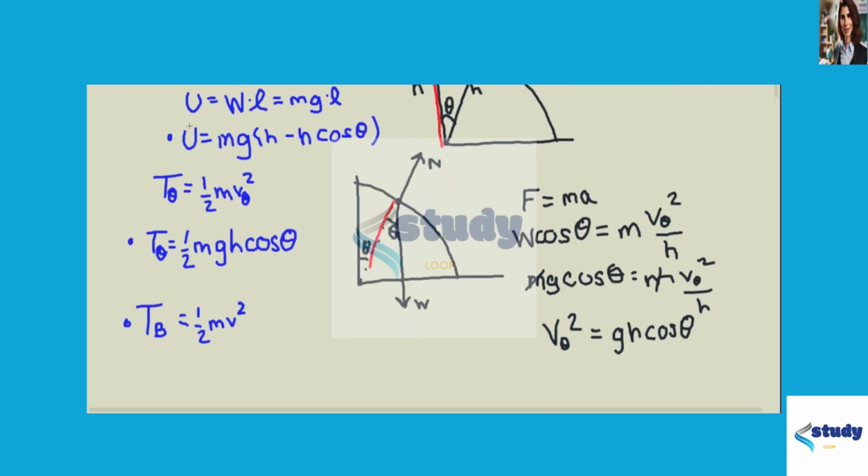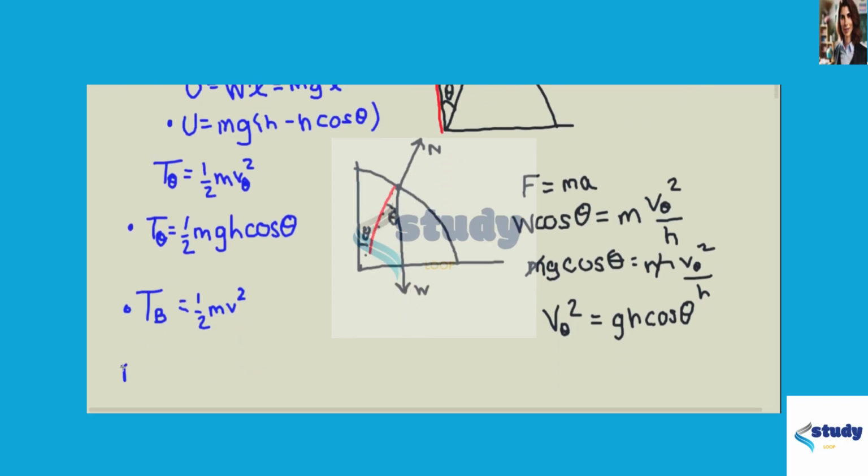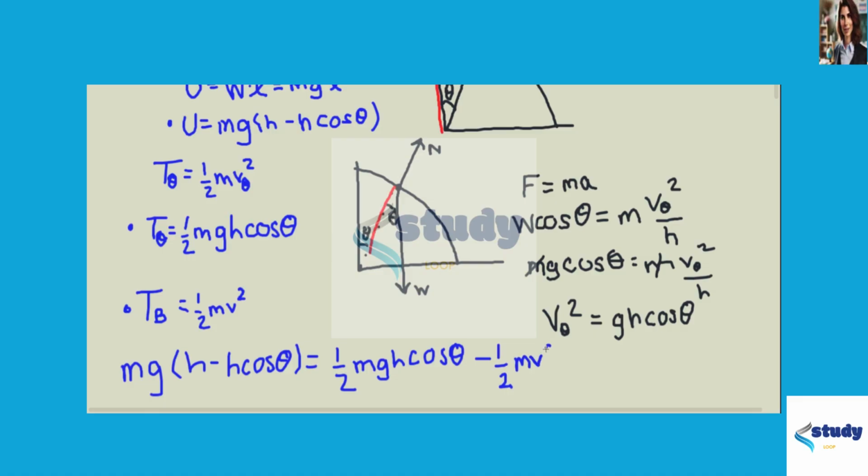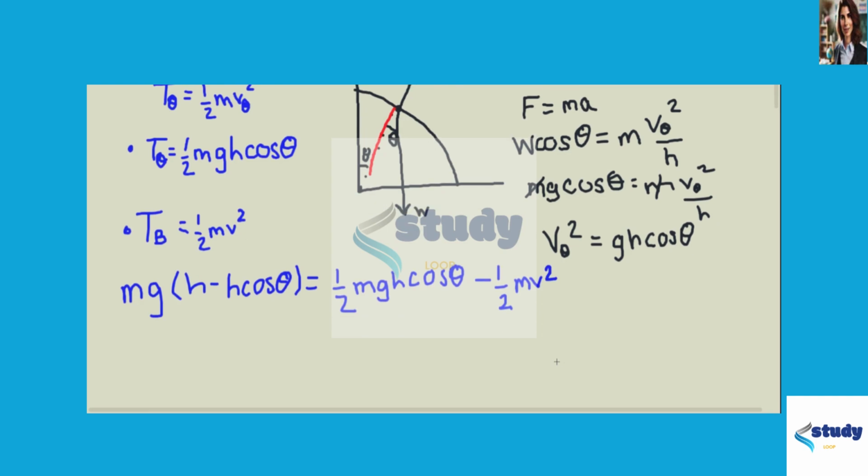So we have mg, this is our work, h minus h cosine theta is equal to our kinetic energy at theta, which is 1/2 mg h cosine theta, minus our kinetic energy at point B, 1/2 mv squared. So now we just solve.